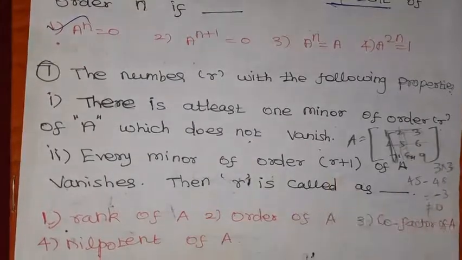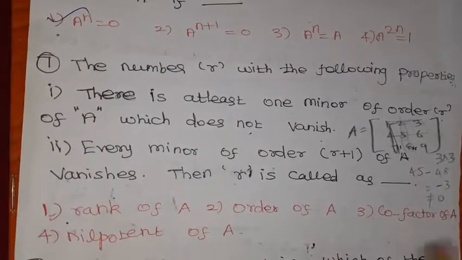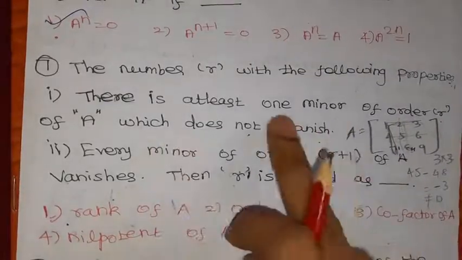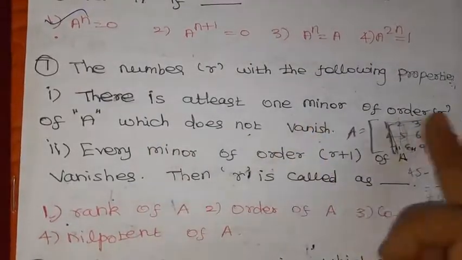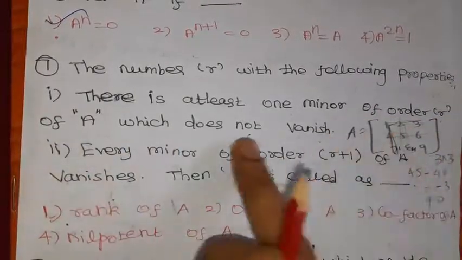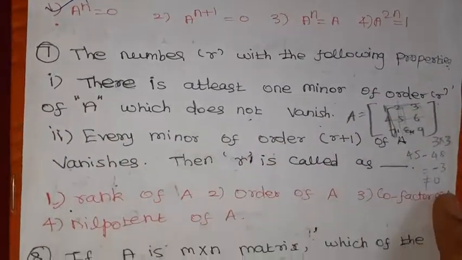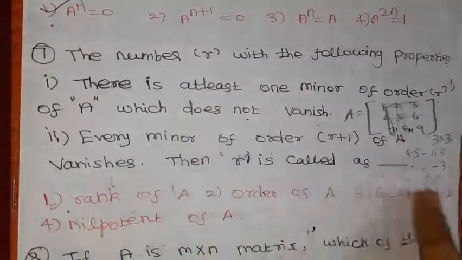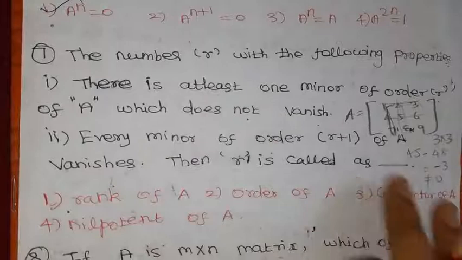Does not vanish means it should not be equal to 0. So there is at least one minor of order r of matrix A which does not vanish. This is the explanation for this statement.